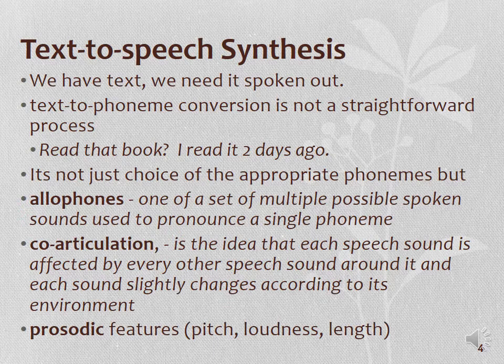Every speech sound is affected by a sound in its environment. So that also has to be put into consideration. Then we have the prosodic features, okay? The pitch, the loudness, the length, okay? For example, one word in Runyankore can be pronounced the standard way, but in Rutoro, there may be what we call more prosody. I am going to tell you exactly what prosody is.